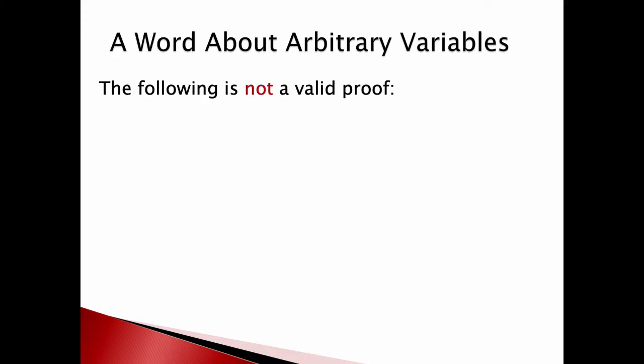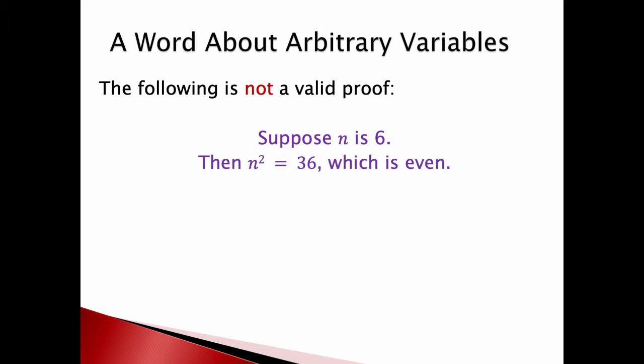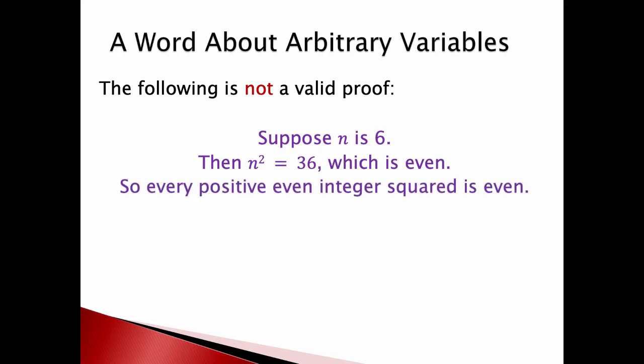So this would not be a valid proof of the theorem we were trying to prove, that if n is a positive even integer, then n squared is a positive even integer. Because if we just said that, suppose n is 6, then n squared would be 36. Oh, that's even. So every positive even integer squared is even. Yeah, that's not right. Right? I've proven that 6 squared is even.